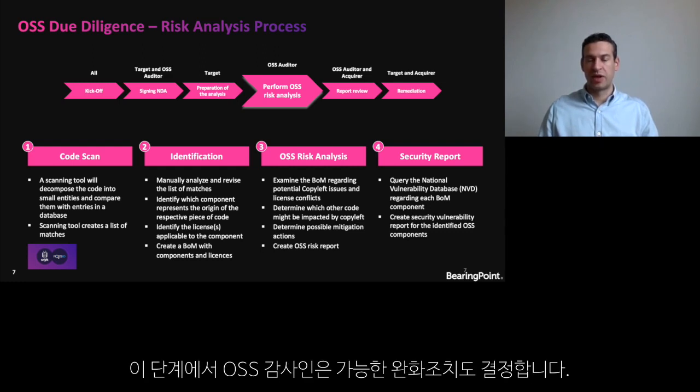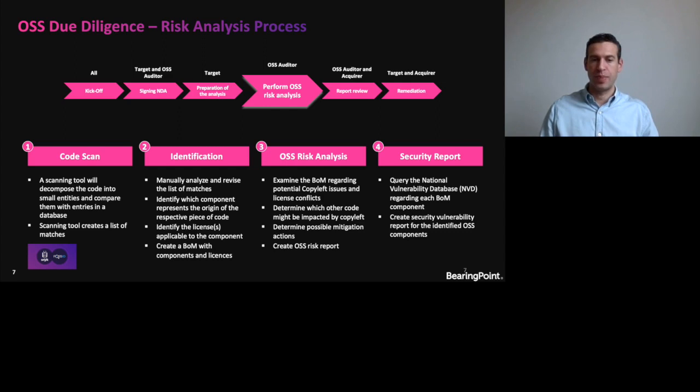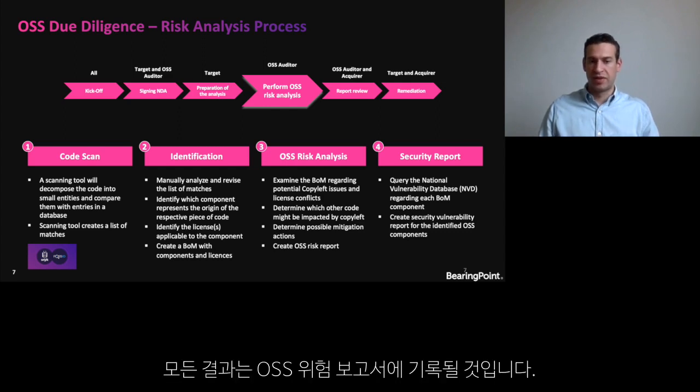In this step, the OSS auditor also determines possible mitigation actions. All of these findings will be summarized in the respective OSS risk report, and that will be provided to the buyer side in the end.